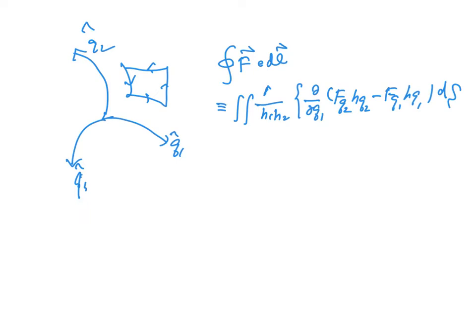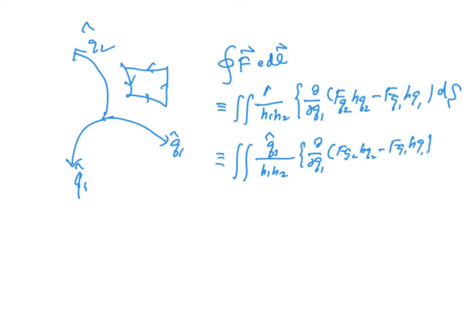In Q3 direction, right? The same as this. Q3 normal vector H1, H2, partial Q1, partial FQ2, HQ2 minus FQ1, HQ1 dot Q3 ds.